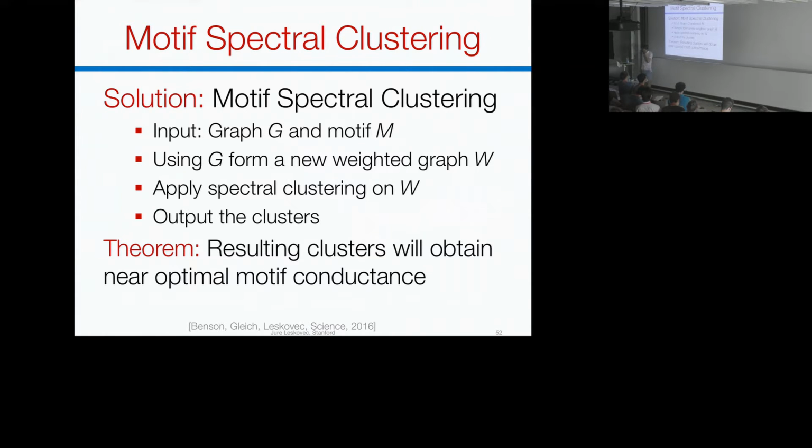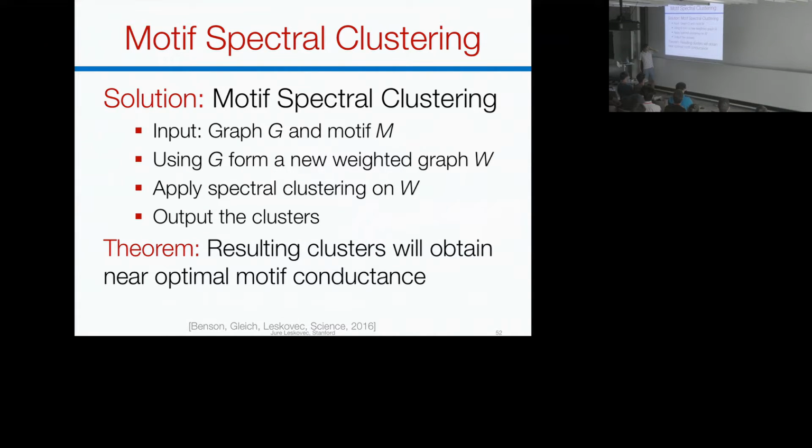The method is called motif spectral clustering, and the way it works is the following: you are given a graph and the motif as an input, and using this graph G and the motif M, we will create a new weighted graph W. So we will transform G to create a new graph W, and then we will apply this super cool, super old method called spectral clustering on this graph W. And whatever clusters the spectral clustering on W finds, we will output these clusters.